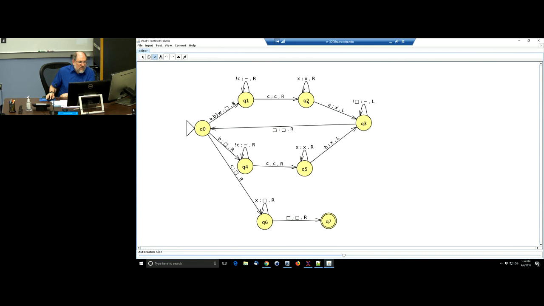Then when I come over to Q2, I don't want to just look for A, because maybe what got me here was a B. What I want to look for is W. There is whatever is stored in W. And so I will say, if you see W, mark it with an X. So this W is not an input character. It is a variable name that we introduced over here.